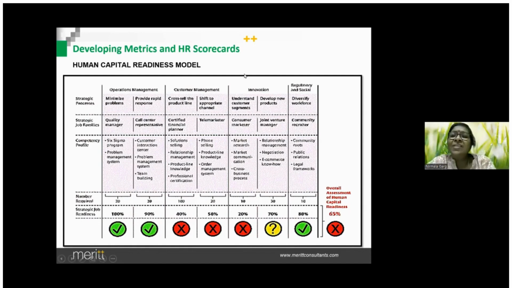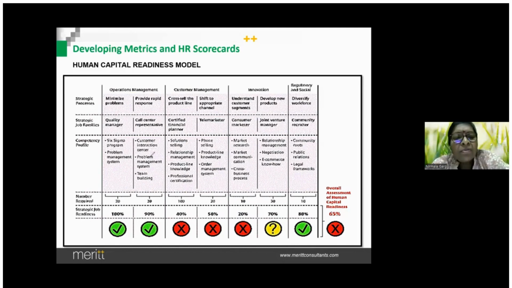For this call center representative, the competencies required are a certified customer service certification at level 3, which is a bar. Then problem management system, at level 2. Team building, at level 3, which is called BARS. There are certain behaviors, and I'm specifying and quantifying them.